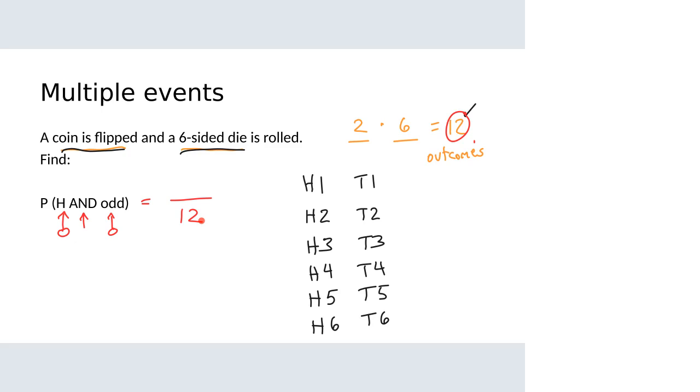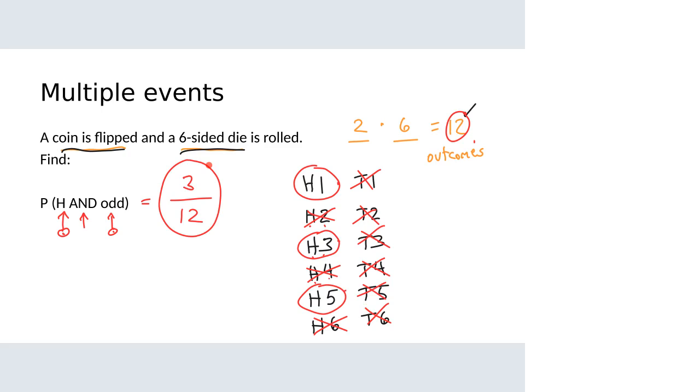We wound up with 3 out of 12 here, and let's see if that's the thing. So we need heads and an odd number. Well, that's heads and an odd number. That has heads, but it's an even number, so that's no good. Heads and an odd number, heads and an even, heads and an odd, heads and an even, and then these don't have heads, so they're out for sure. So I wind up with 3 successes and 12 outcomes.